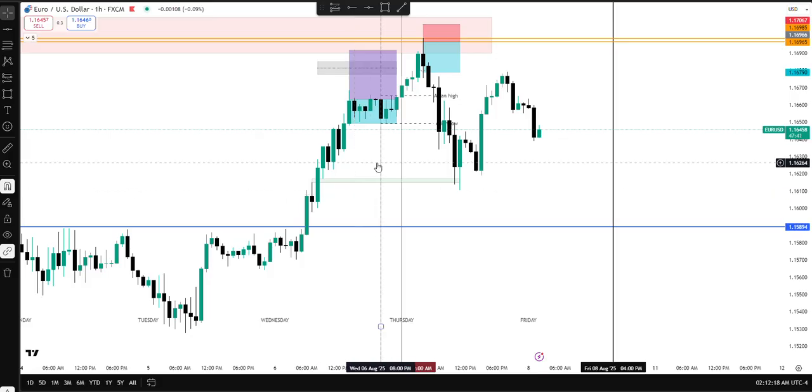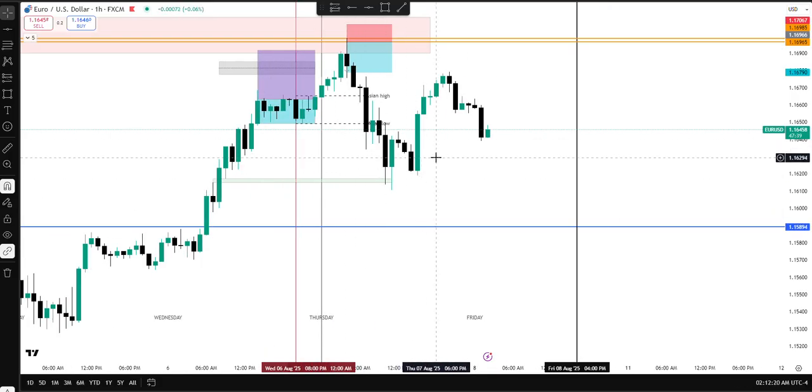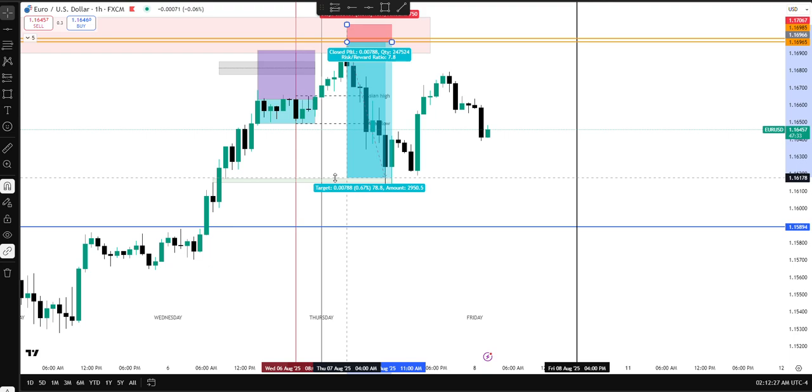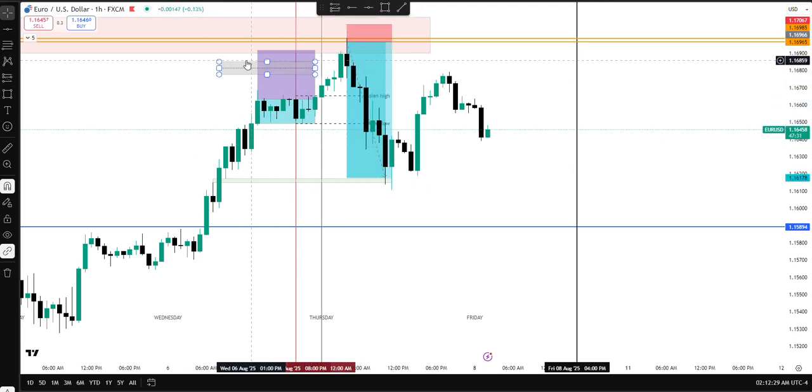So we have this hourly fair value gap here, but the way I came to the conclusion of exiting my full position at this hourly fair value gap was because of this, the 2 p.m. to 8 p.m. consolidation range. So what we do is we just mark out this whole range.